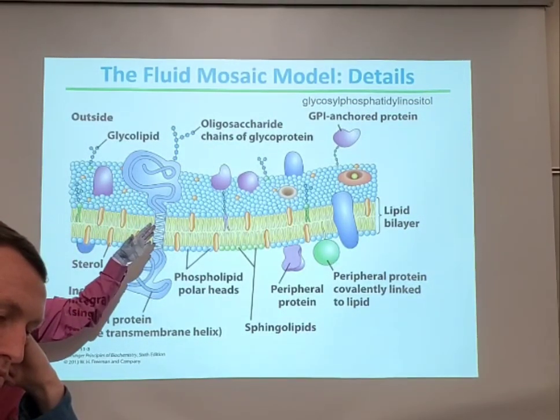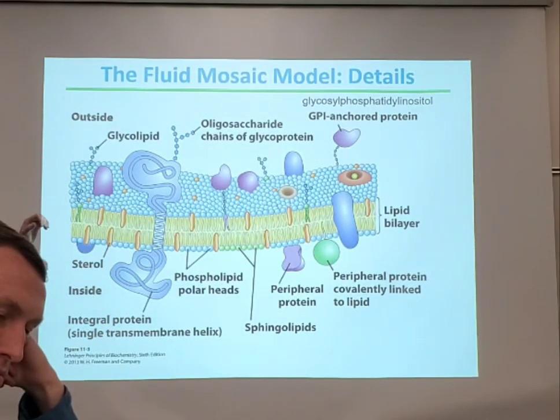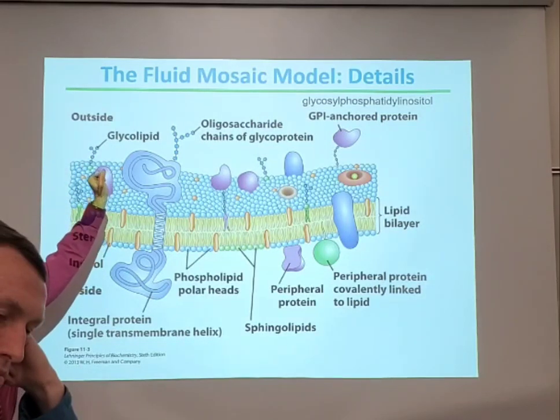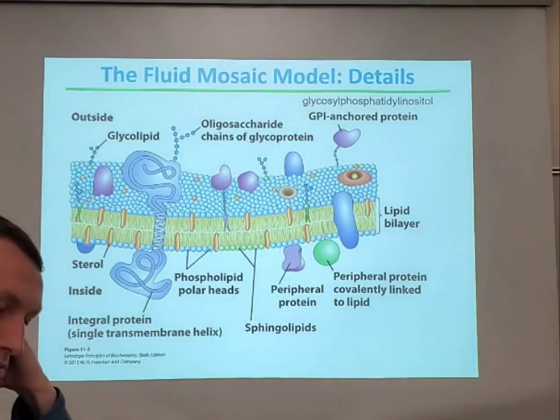So integral membrane proteins we've talked about. We've talked about this glycolipid. Oh, that makes sense to us, right? Sugars on lipids. Did we put proteins on the outside that become receptors? Absolutely. One of the ones that we've already talked about was hemagglutinin, which was what type of molecule?